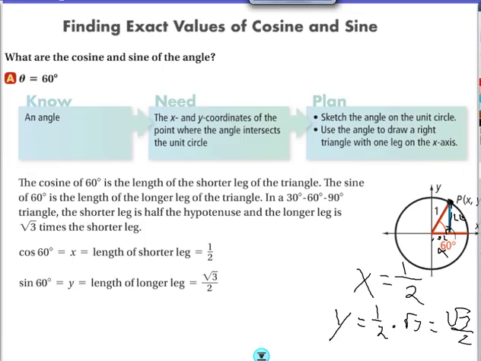So the x and y coordinate of a 60-degree angle is going to be 1/2, square root of 3 over 2. Something you can label on your circle. Which mark is that one going to be? Which line is that going to be in your circle that we've got?